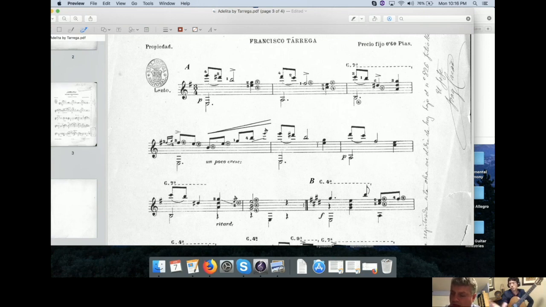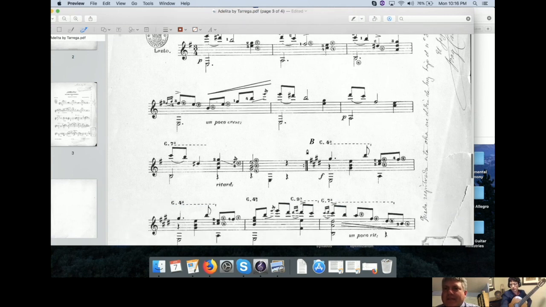The accents shift a little. It's never predictable. Sometimes it's the first, sometimes it's the second, sometimes it's the third. Whereas a waltz is very much in 3 with an accent on the first beat, and tends to be a bit more lively. So that's the general character of a mazurka.